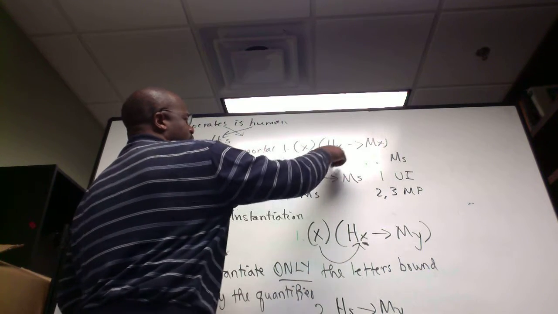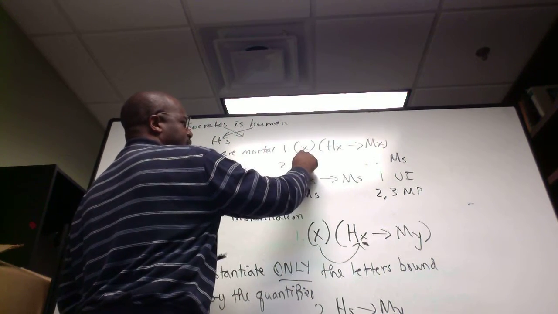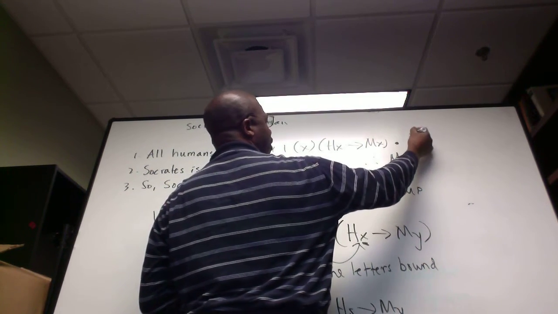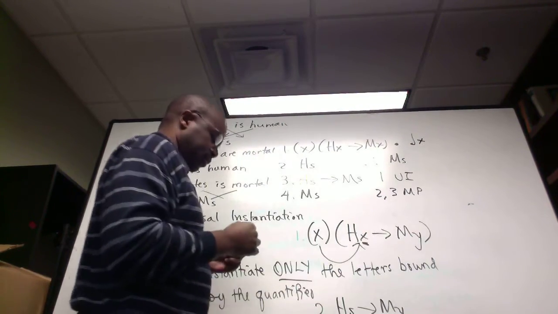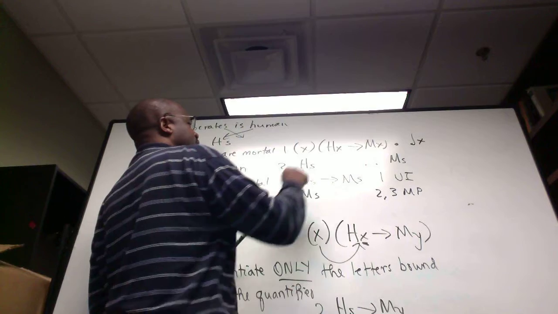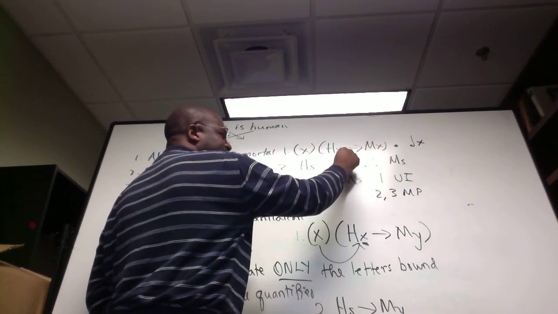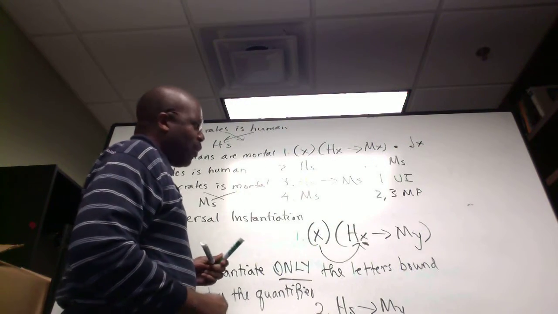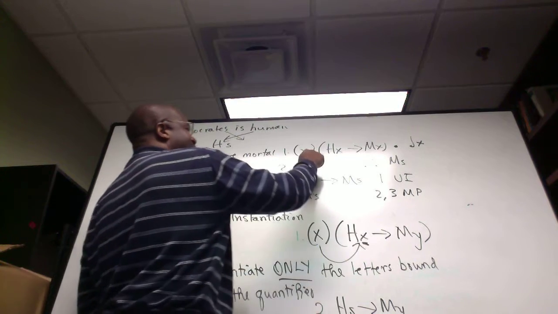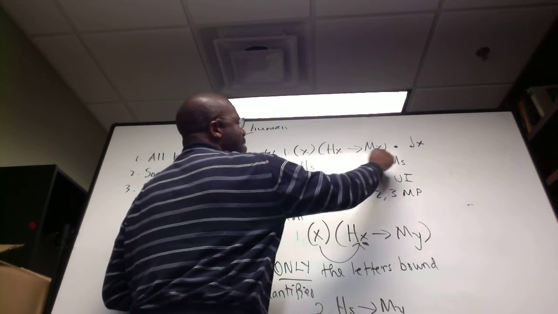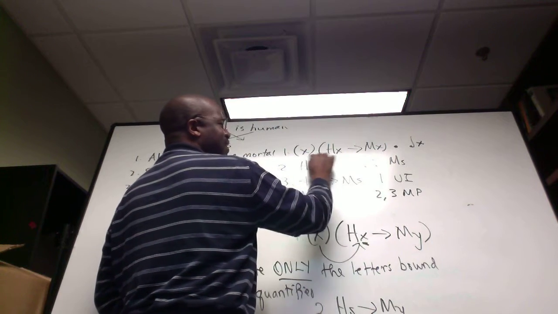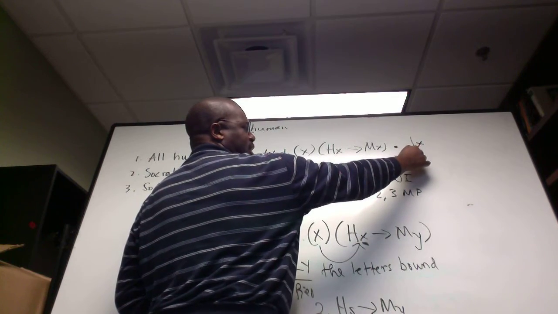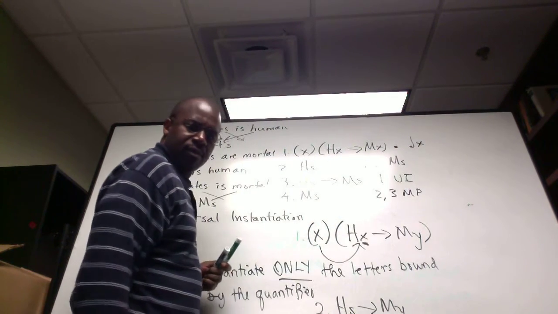Now suppose I had something like JX. Again, notice this X binds that X, but this X does not bind that J. Why? Because the scope of X is limited only to what it has been set against. The scope of X does not cover this JX here.